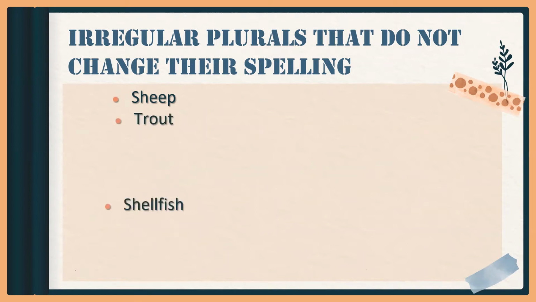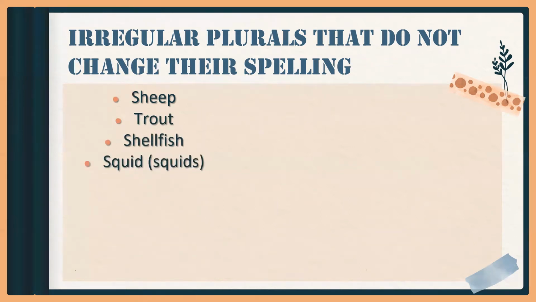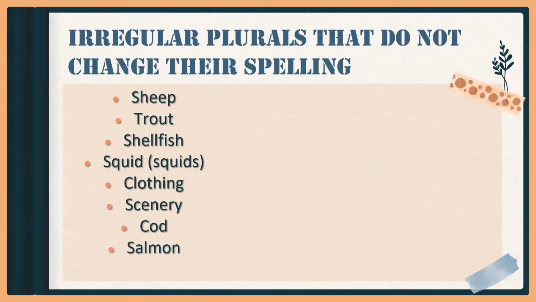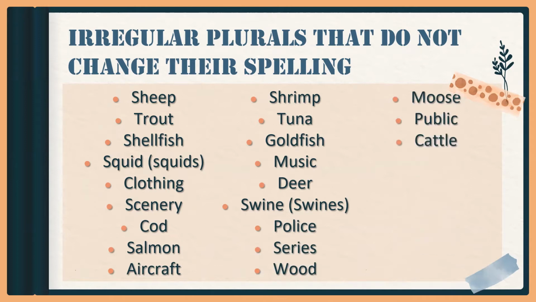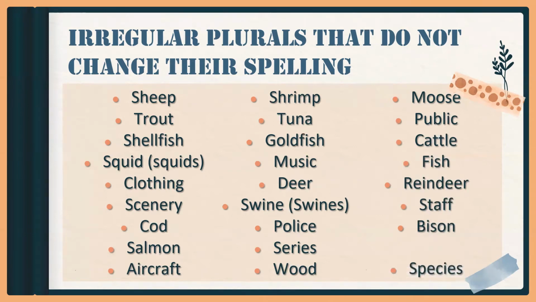We also have trout, which is a fish, shellfish, squid, but squid may also be called squids, clothing, scenery, cod is also a fish, salmon is also a fish but an expensive fish, aircraft, shrimp, tuna, goldfish, music, deer, swine or swines, police, series, wood, moose, public, cattle, fish, reindeer, staff, bison, species, and offspring.